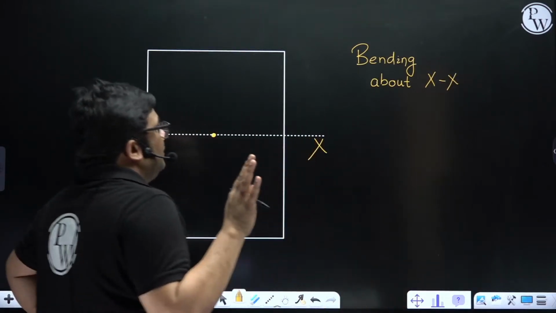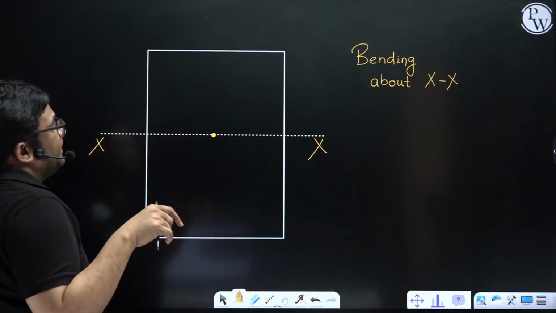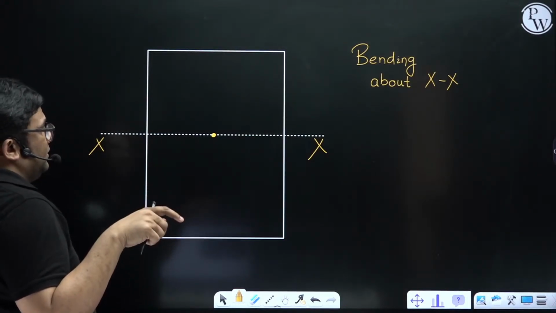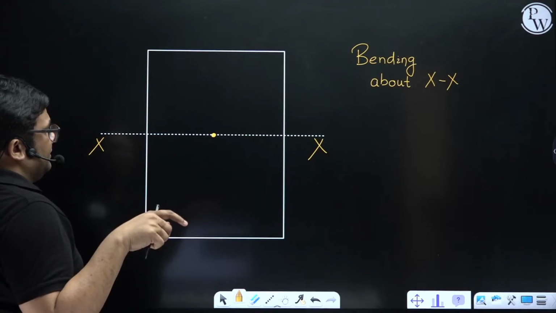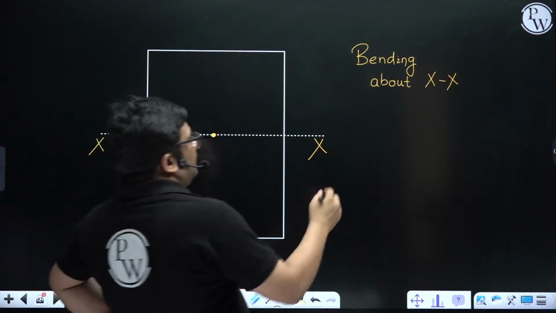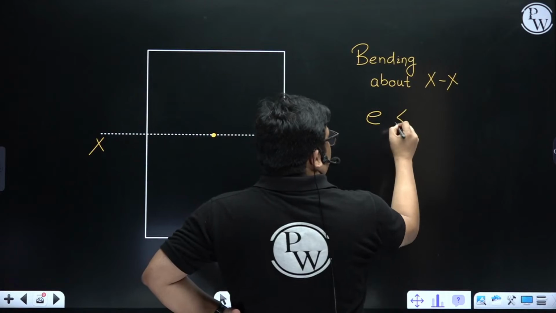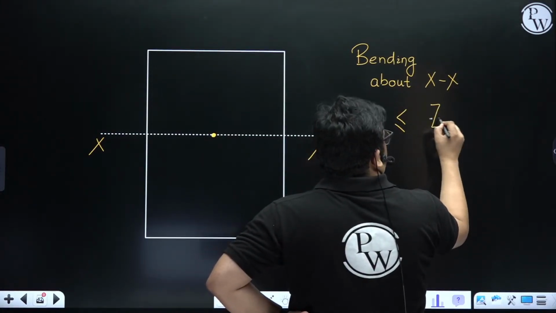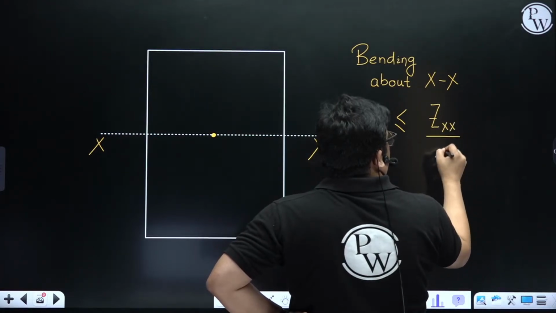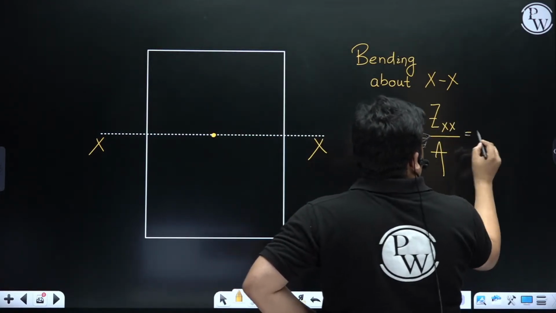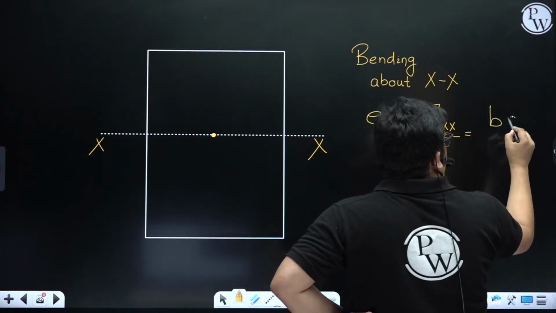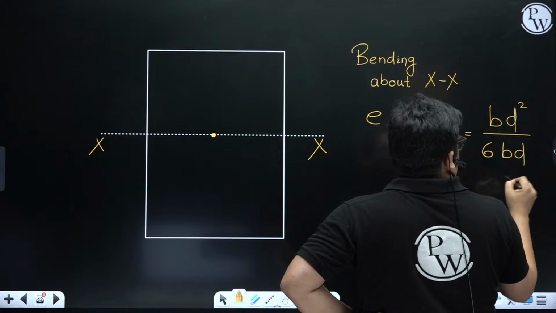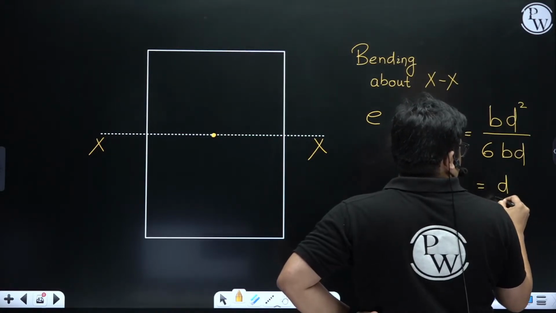Bending about the x-axis. So when I'm taking bending about the x-axis, I will take the I about the x-axis. So e should be less than or equal to Z by A. So Z will be BD square by 6 only, and then divided by BD, that is equal to D by 6 only.